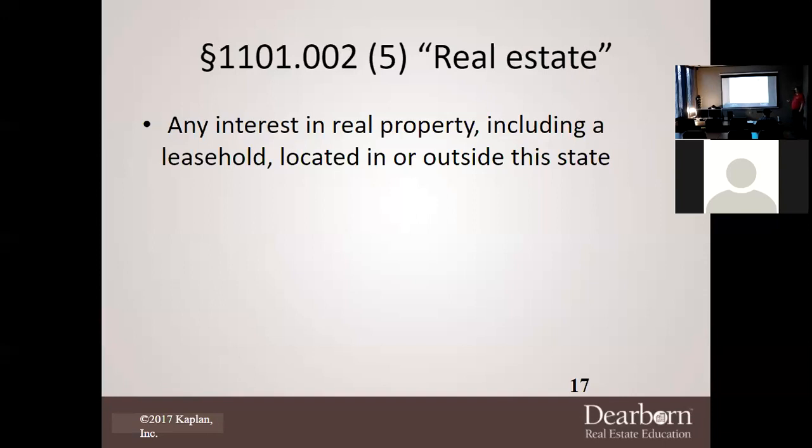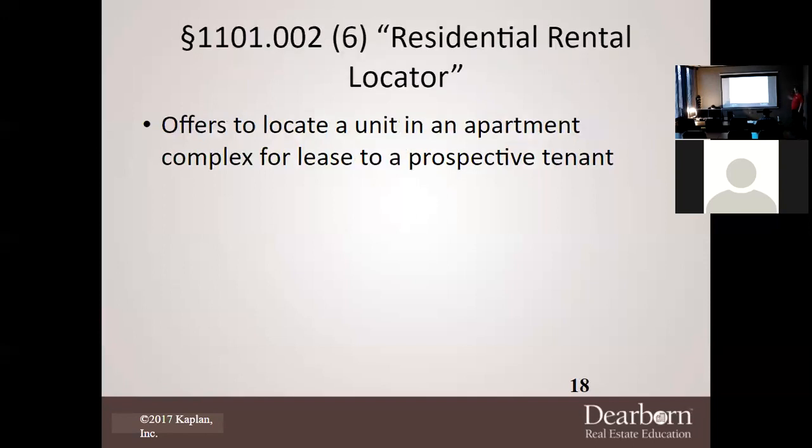Any interest in real property, including a leasehold located in or outside the state, is going to be classified as real estate. A residential rental locator: their only duty is to locate a unit in an apartment complex for lease to a prospective tenant.